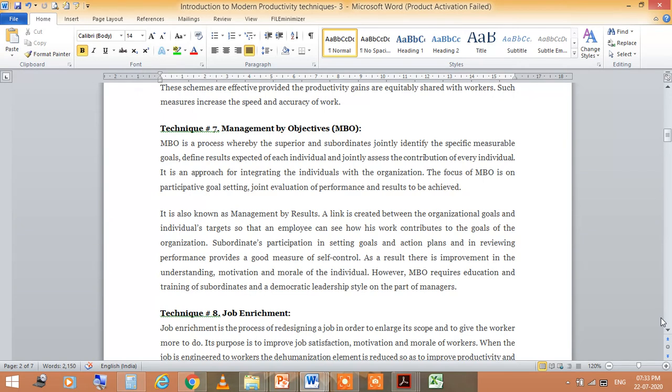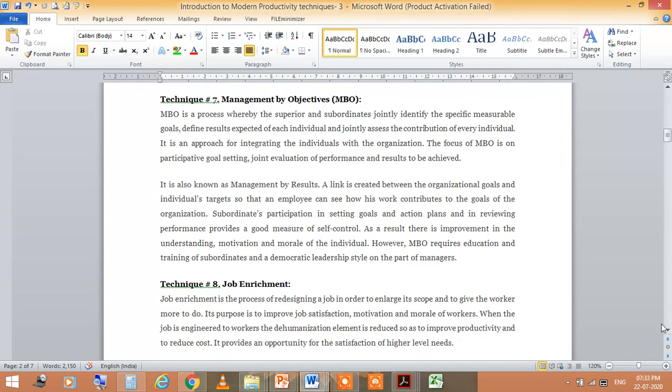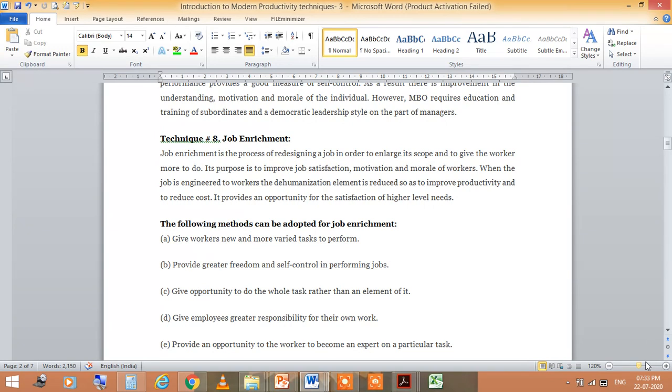The next technique is job enrichment. Job enrichment is the process of redesigning a job in order to enlarge its scope and to give the worker more to do. Its purpose is to improve job satisfaction, motivation, and morale of workers.